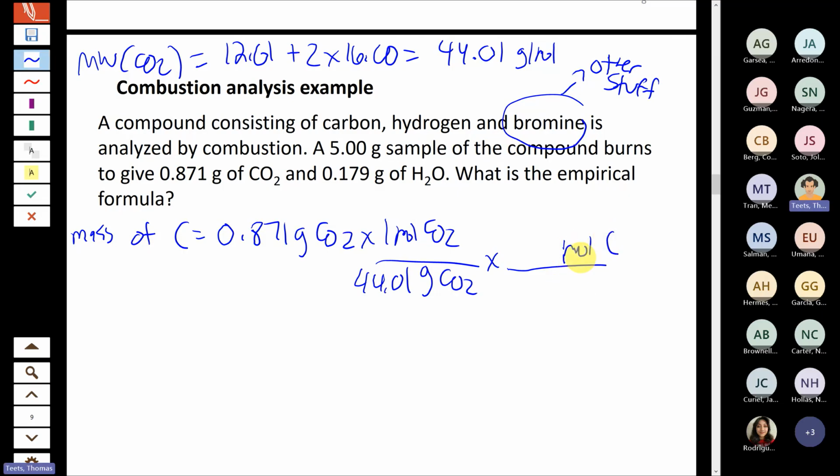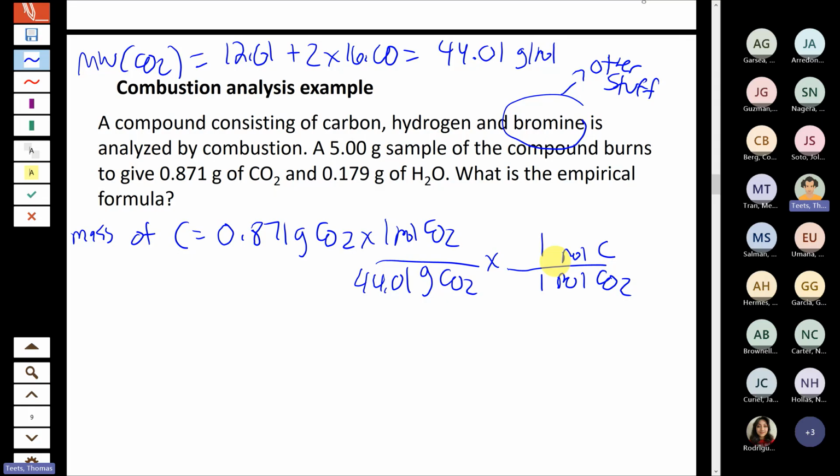It's not working very well. All right, the chemical formula of CO2 has an implied coefficient of 1 on carbon. That means for every mole of CO2, we have 1 mole of carbon. That's just a 1-to-1 ratio, so that's a trivial step there.